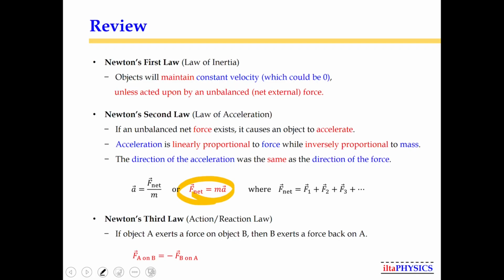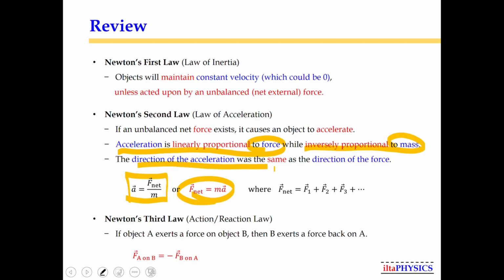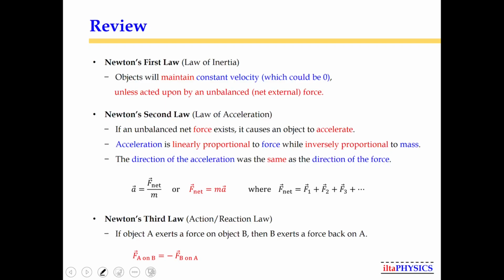This means that acceleration is directly proportional to the force applied, and inversely proportional to the mass of the object. The direction of the acceleration is the same as the direction of the net force. Here, the force means the net force, the vector sum of all the forces acting on the object.